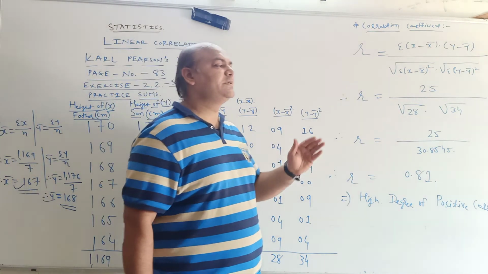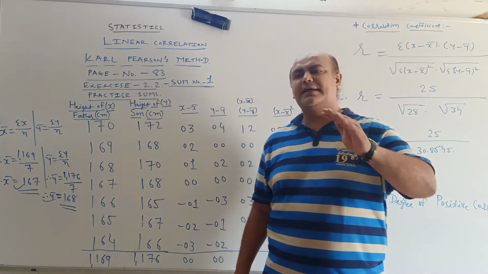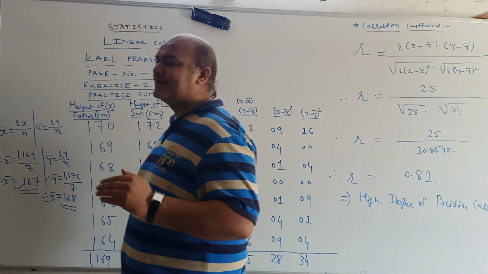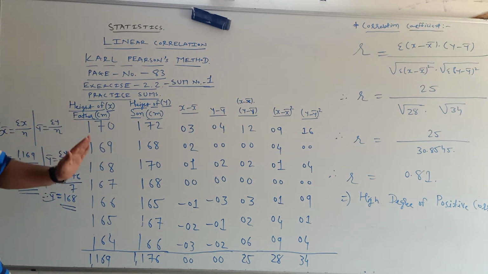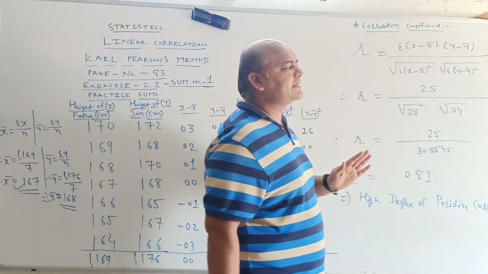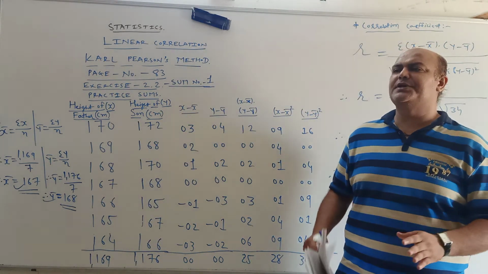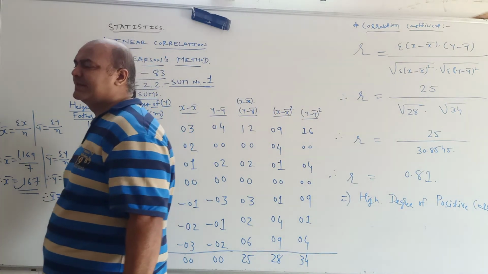And if the height of the father is less, then the height of the son is also less. So the change in the height of son and father is going in the same direction. So there is a high degree of positive correlation between these two variables.